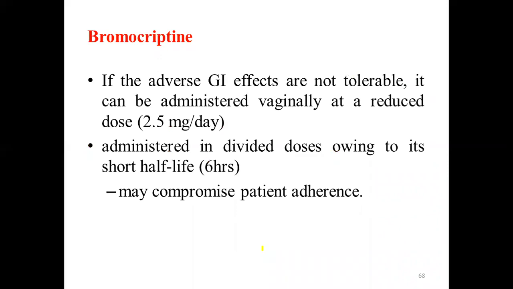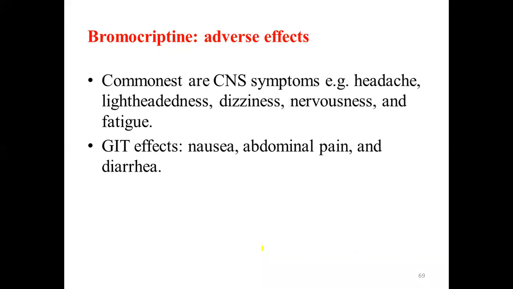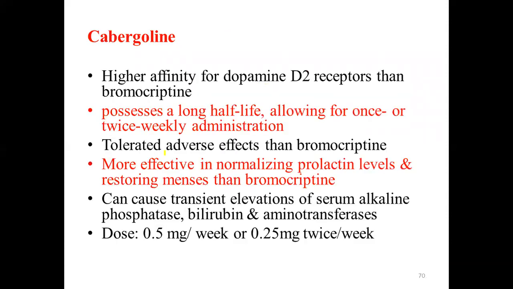The side effects of bromocriptine are mostly associated with GI discomfort, and the commonest are CNS effects like lightheadedness, dizziness, nervousness, and headache. Those are quite common, but the patient can still have GI side effects. With continued treatment, most of the side effects will subside.